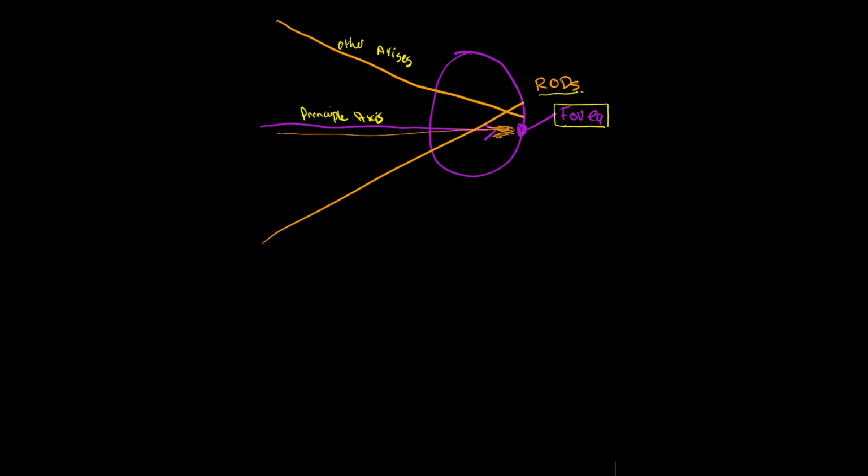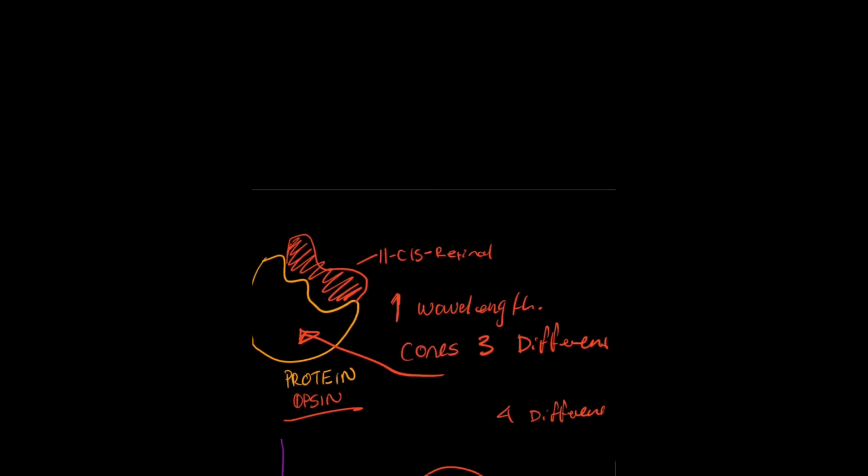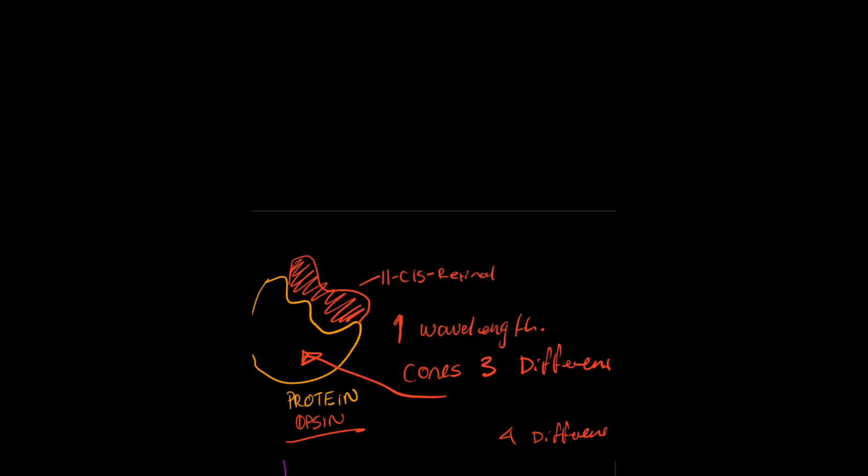It's important to understand that the acuity there is much less on the outside. We'll talk about why rods have less acuity in a moment, but that's really why we move our heads around, so we can look at something and glance at something. So let's look at why that is.